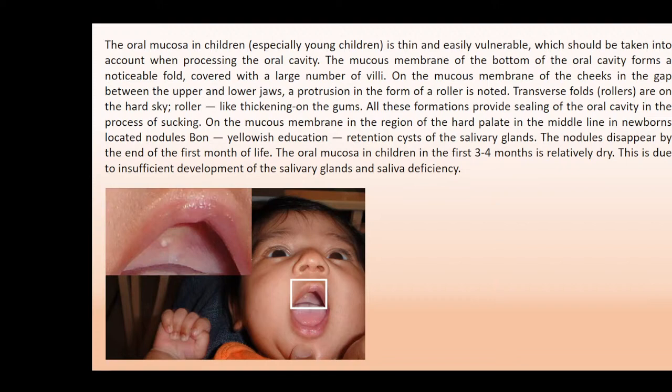This retention cyst of salivary glands you can see in the upper picture. The oral mucosa in children in the first 3-4 months is relatively dry. This is due to insufficient development of salivary glands and saliva deficiency.